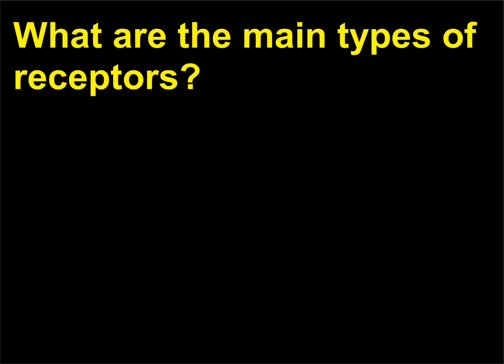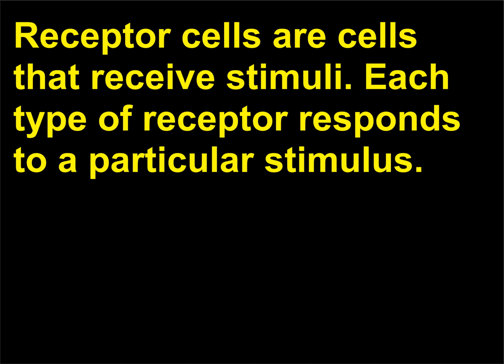What are the main types of receptors? Receptor cells are cells that receive stimuli. Each type of receptor responds to a particular stimulus.